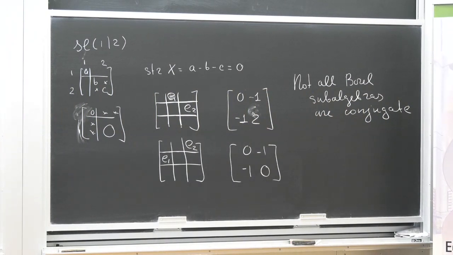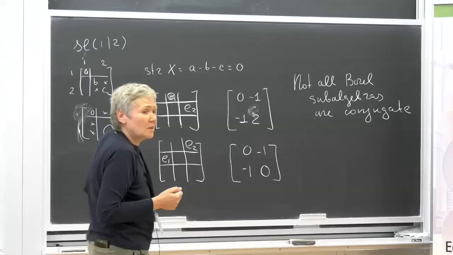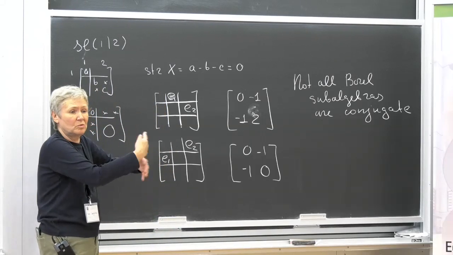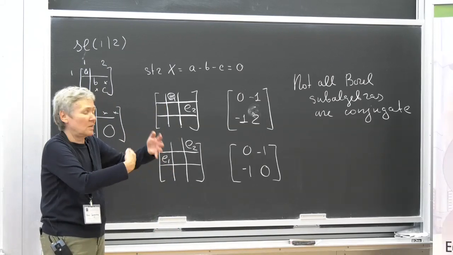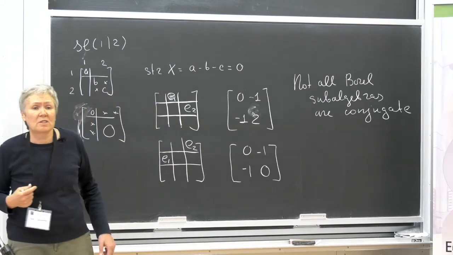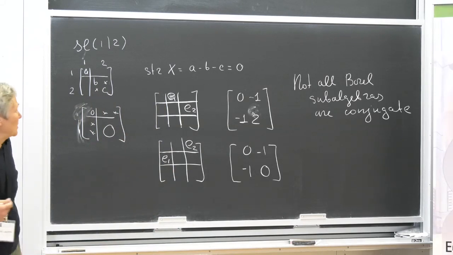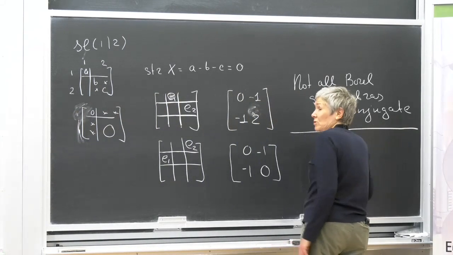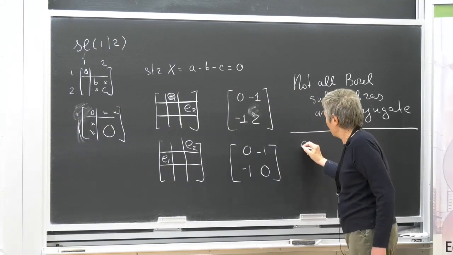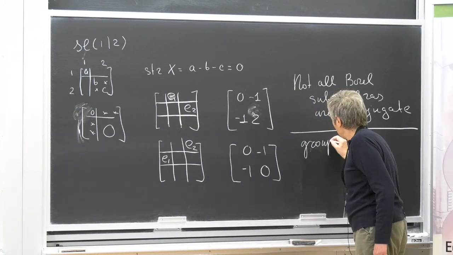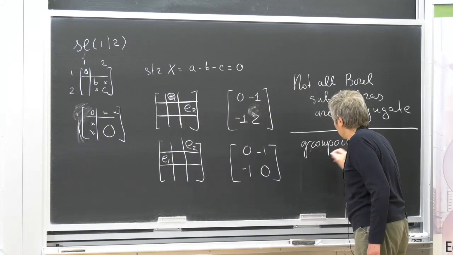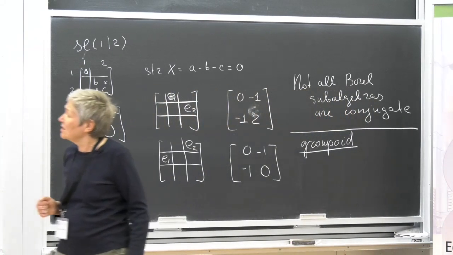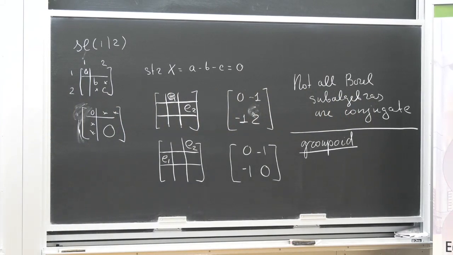So the Weyl group, which plays a very important role, I cannot relate any two sets of generators by the Weyl group. And what you have to do is introduce some notion of the groupoid, which I'm going to talk about. So this is the main topic, so I would like to define it quite generally.